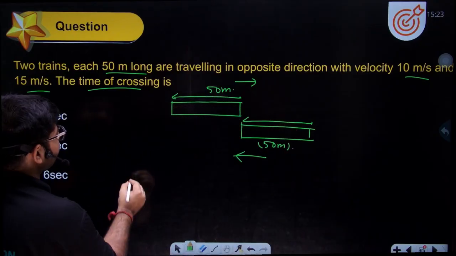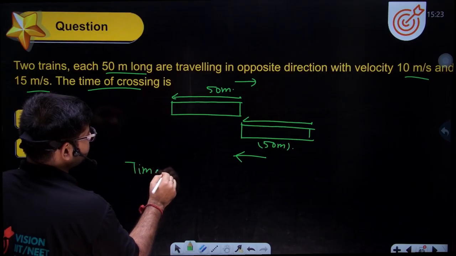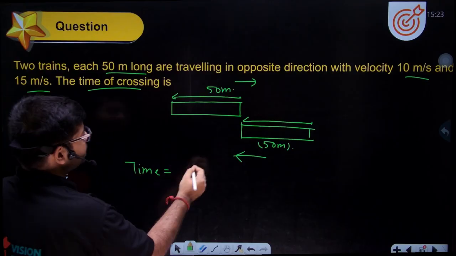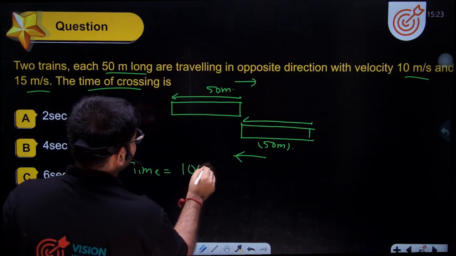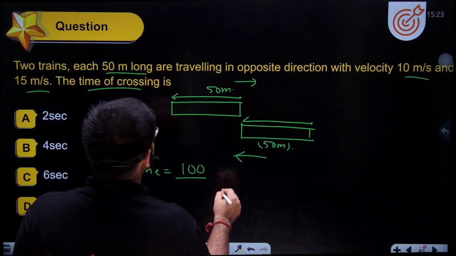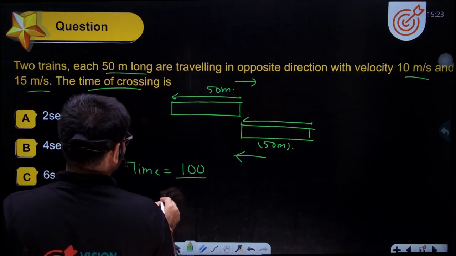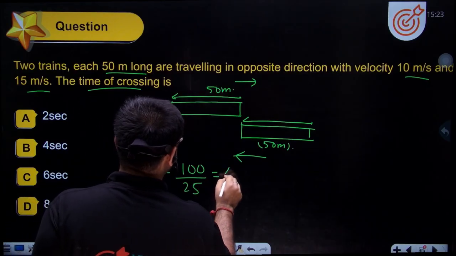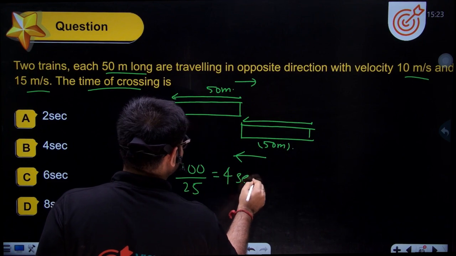So time means nothing but total distance by total speed. Total distance is 100, and total speed is 10 plus 15, 25. Right? So it is going to be 4 seconds.